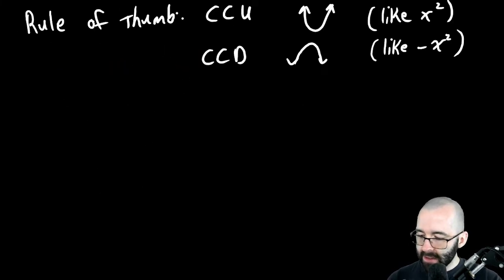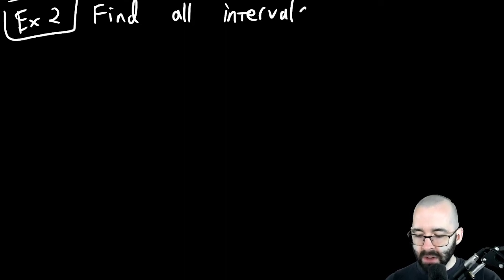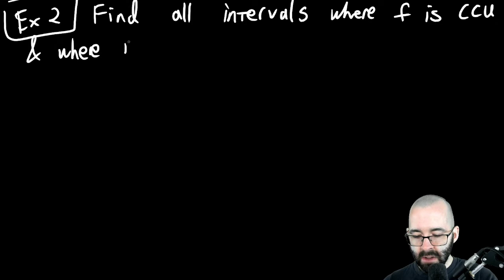So let us use this a little bit. Let's do an example. Example 2. Find all intervals. We'll do one analytical and one graphical. Find all intervals where f is concave up and all intervals where it's concave down.